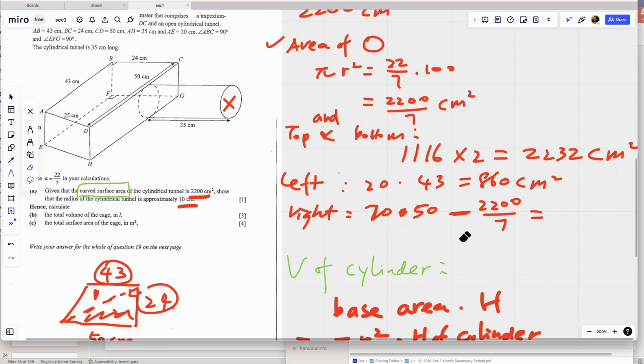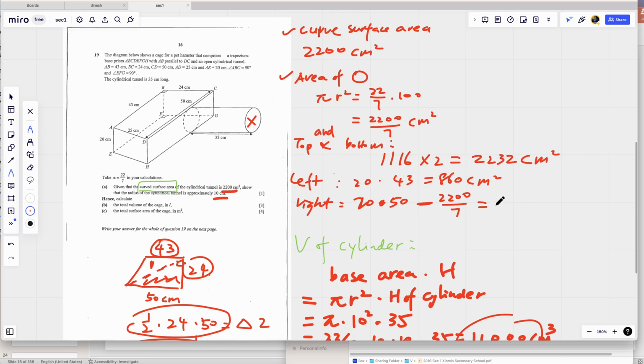What's the answer? I can't do it with mental calculation. 20 times 50 minus 2200/7. 19735.7142. Give me exact one. 1973557 over 7? But then there's a 5 behind 3.